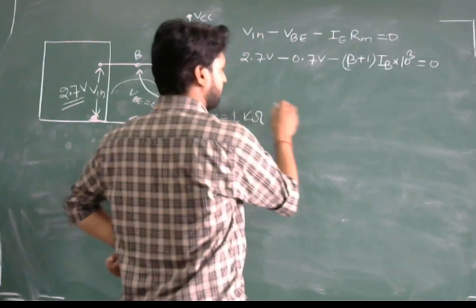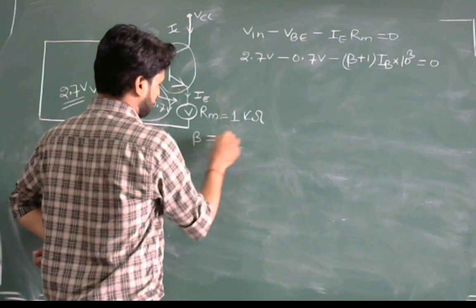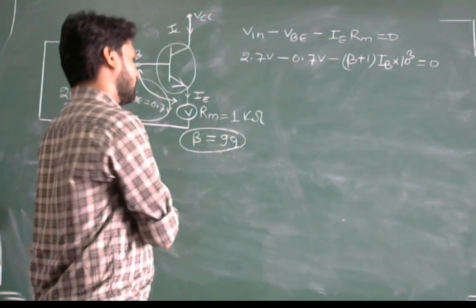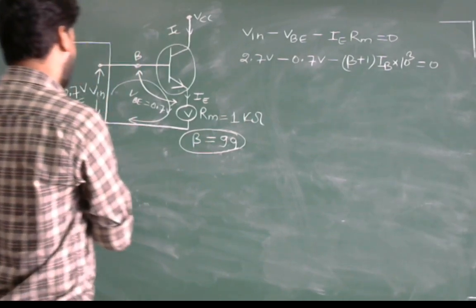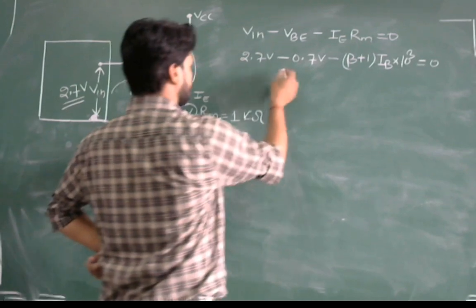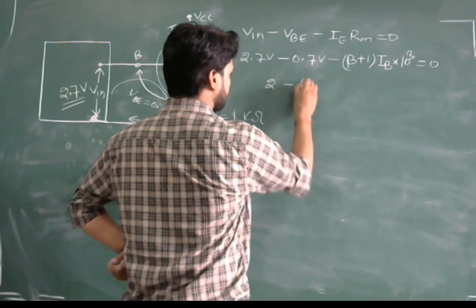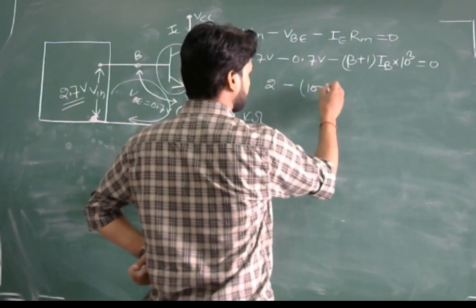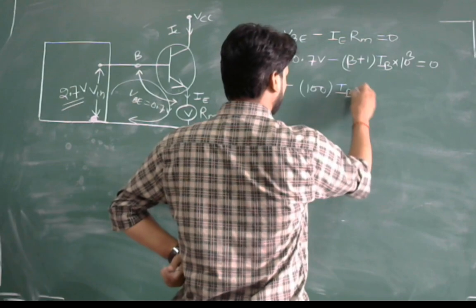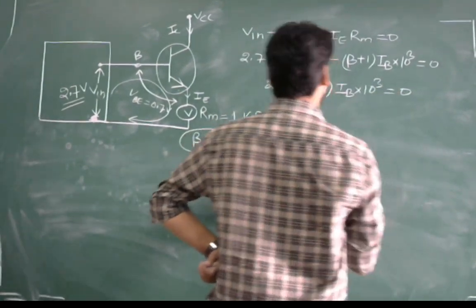Suppose beta, the current gain of the common emitter amplifier, is 99, then we will write 2.7 minus 0.7 volt is 2 volt minus 100, beta plus 1 is 100, into IB into 10.3 is equal to 0.